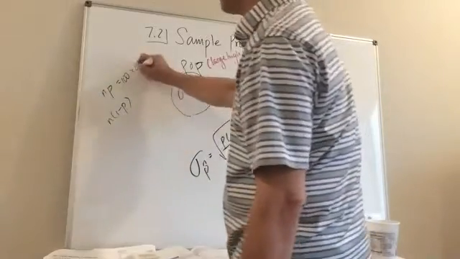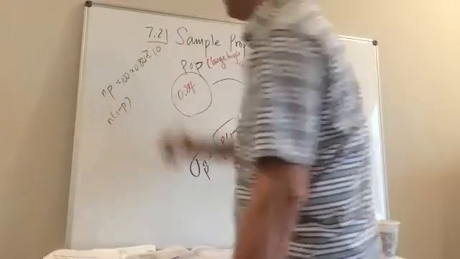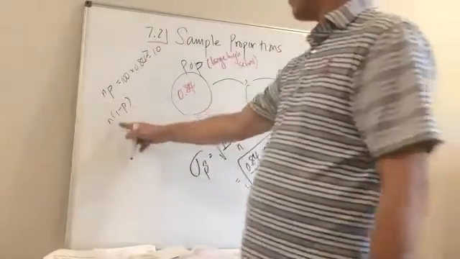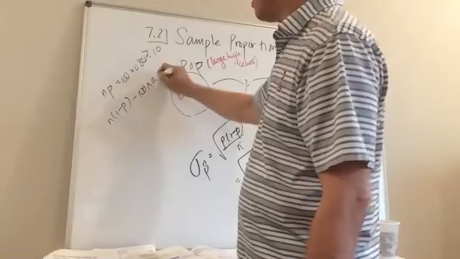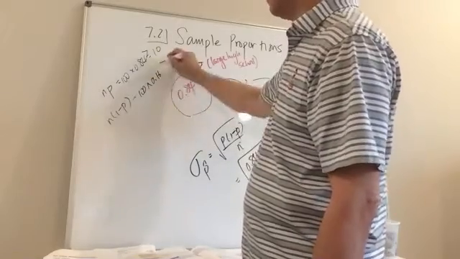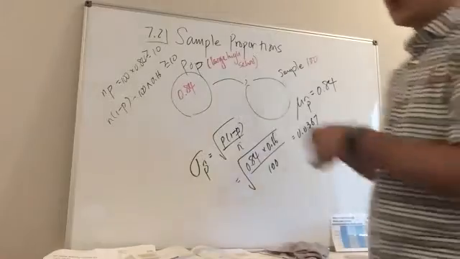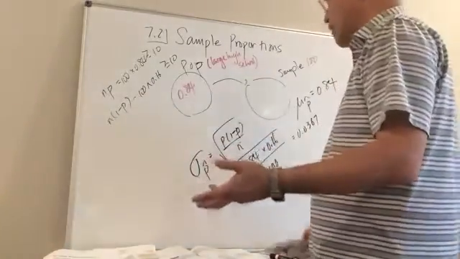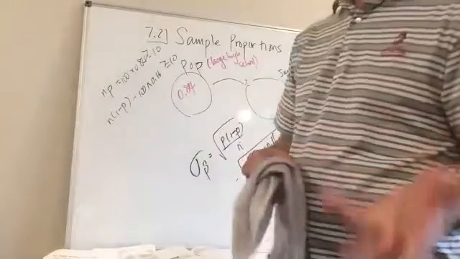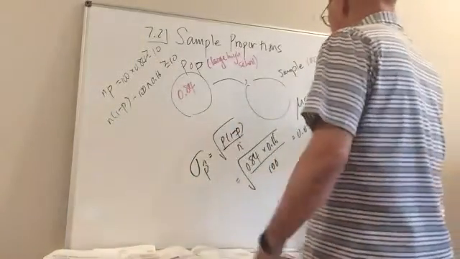P is 0.84, so that's 84, which is definitely greater than 10. And over here, I'm going to have 100 times 0.16, which is 16, which again is greater than 10. Since it meets the large counts condition, I can say that this is a normal distribution. All right, so that's good.